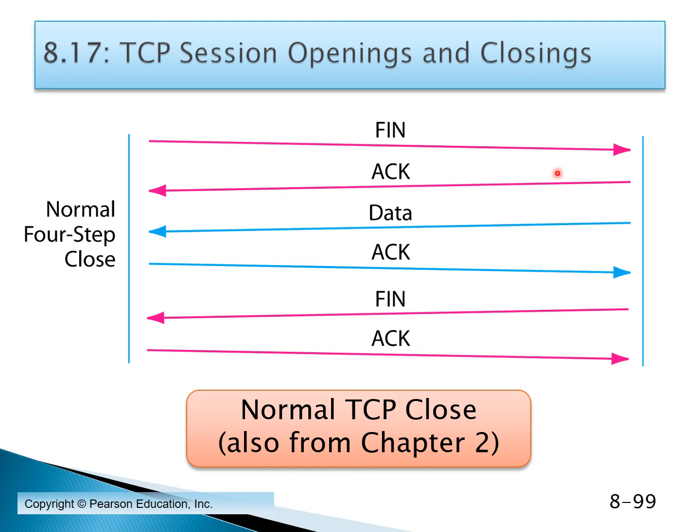You say, I'm going to hang up, then the other side says okay, then it says it also is going to hang up, and then you say goodbye. So with all the acknowledgements and overhead, TCP is a little bit slower.